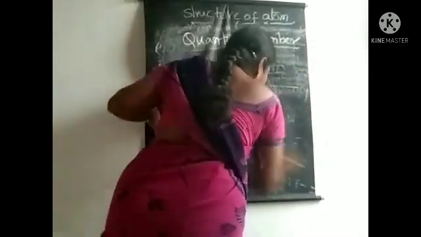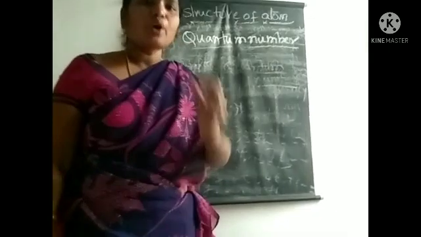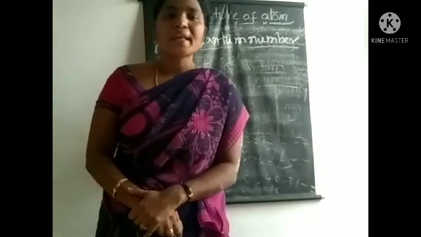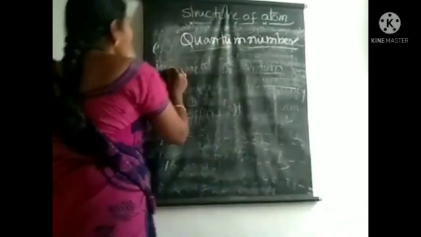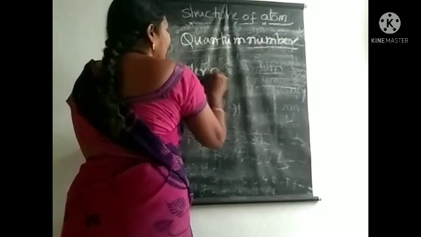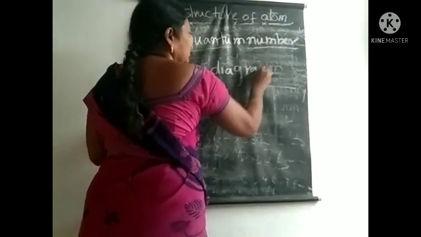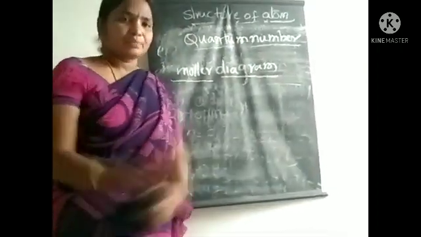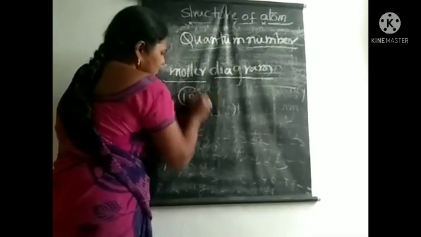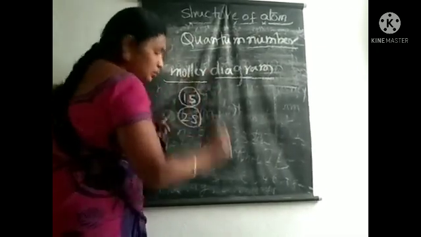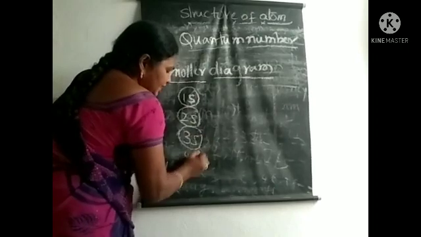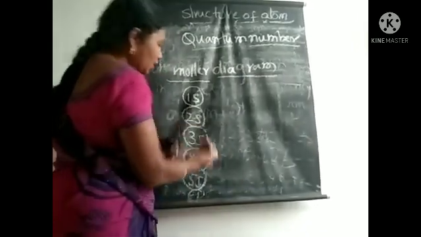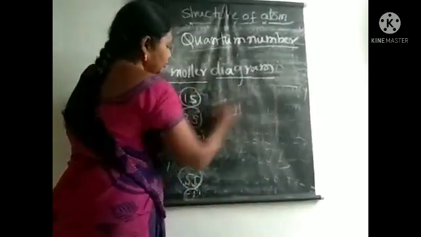Okay, children, for writing the electronic configuration, you have learned the Aufbau diagram. Note down 1s, 2s, 3s, 4s, 5s, 6s, and so on.